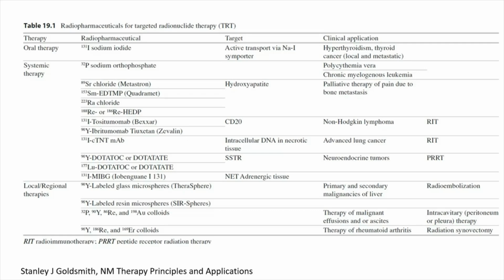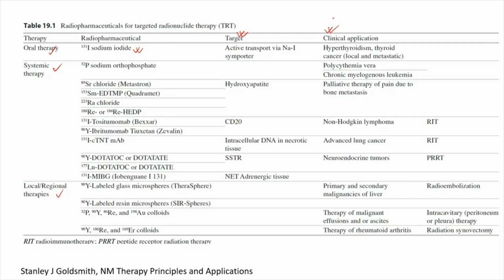These are the groups of radiopharmaceuticals used in targeted radionuclide therapy. These are the therapy names, like oral therapy, systemic therapy, and local and regional therapies. And these are the names of different types of radiopharmaceuticals being used, their targets and their clinical applications.